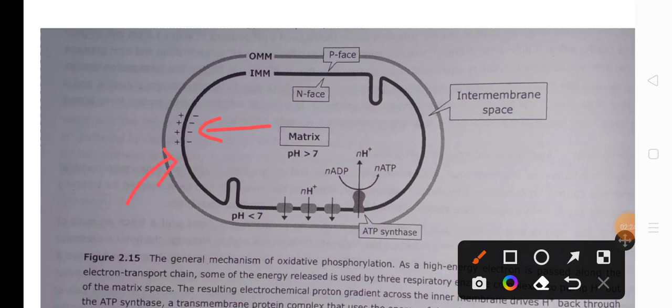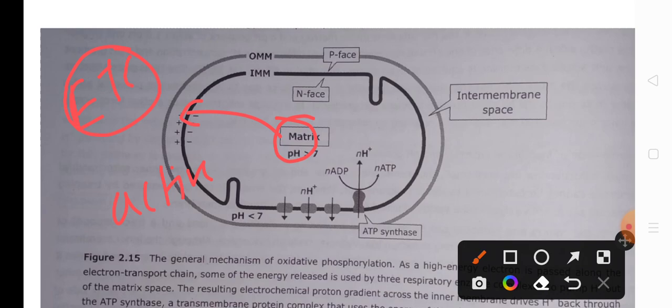As you can see, protons are transferred not only in this place but everywhere throughout the inner membrane space. Again, the free energy released during the electron transport chain is used for an active transport system, that is, the transfer of protons from the matrix to the inner membrane space.